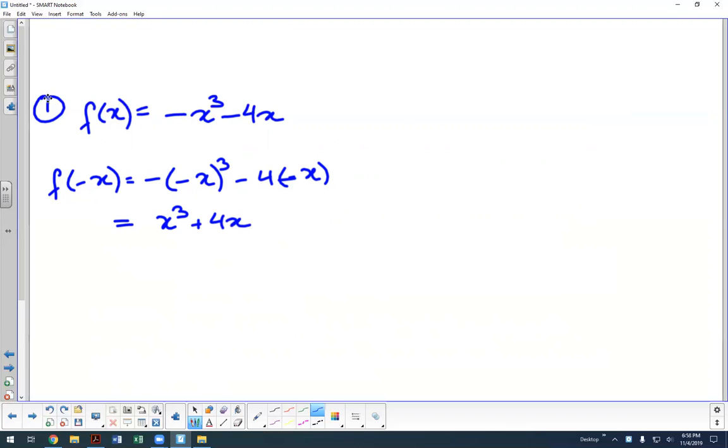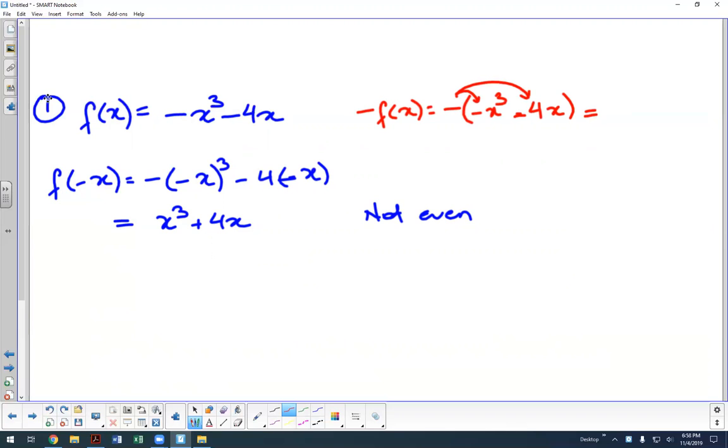I definitely did not go back to my original function, so I know this is not an even function, but did I get negative of my original function? No? Okay, so what happens if I take my original function and put a negative sign in front of it? So distribute that negative.